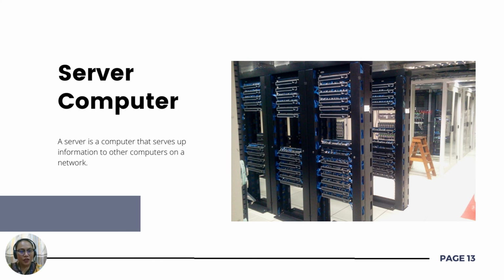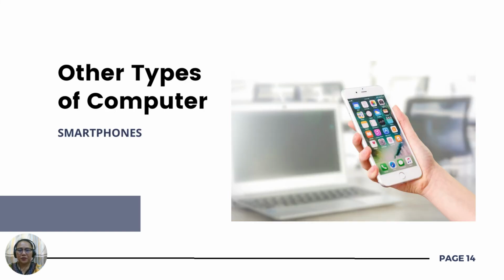So, sabi sa definition, a computer that serves up information to other computers using a network. Okay, so internet ang pinag-uusapan dyan. Okay, kasi kung walang internet, hindi mo din mariretrieve sa ibang branch yung kailangan mo sa isang branch. Okay, so that is another type of computer.